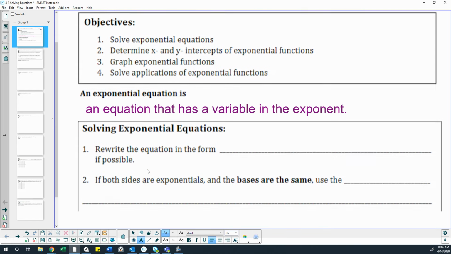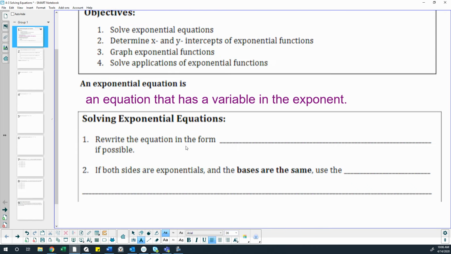Okay, so solving exponential equations. The first thing we're going to do is rewrite the equation in the form of one exponential equaling the other. Let's say our base b to the m power equals a different base to the nth power.